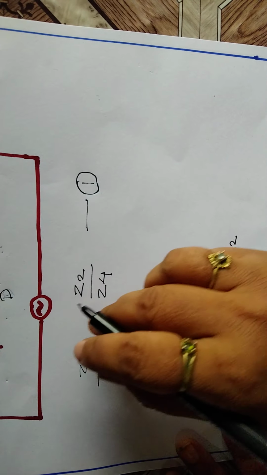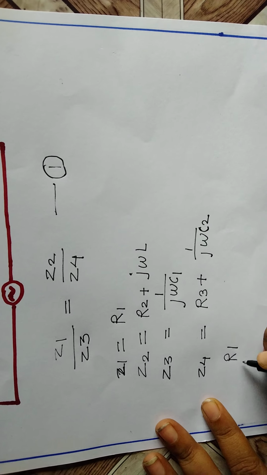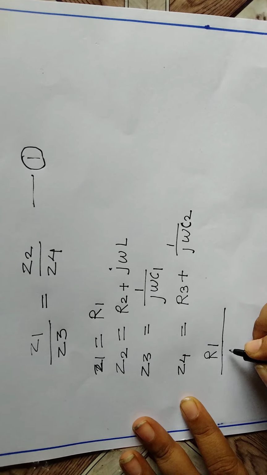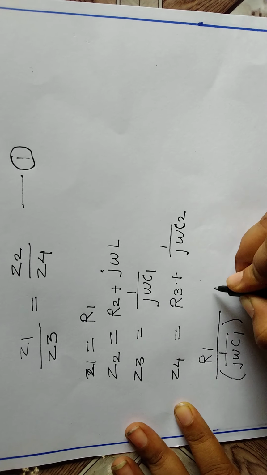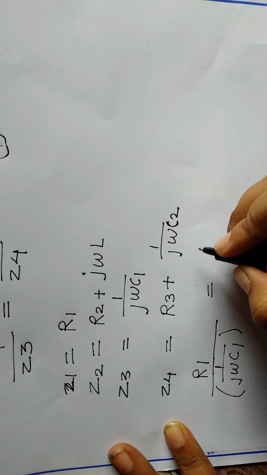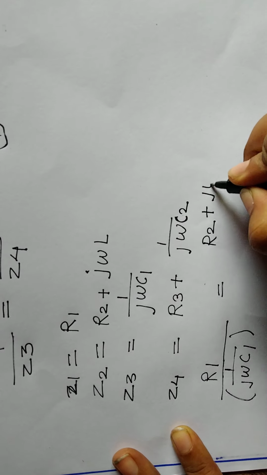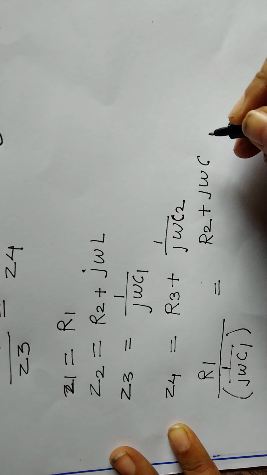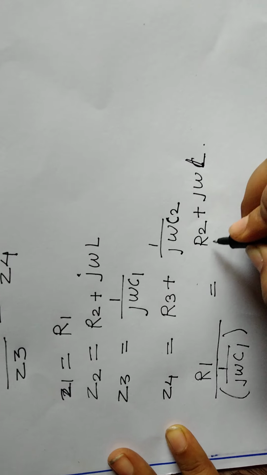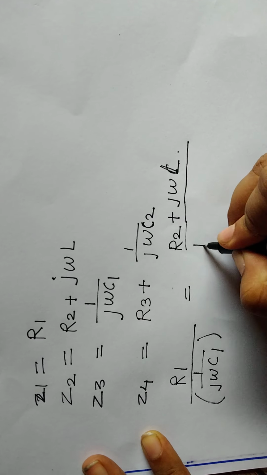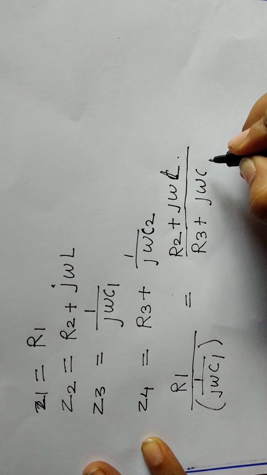Putting these values in equation 1, Z1 is R1, Z3 is 1 by j omega C1, Z2 is R2 plus j omega L, and Z4 is R3 plus 1 by j omega C2.